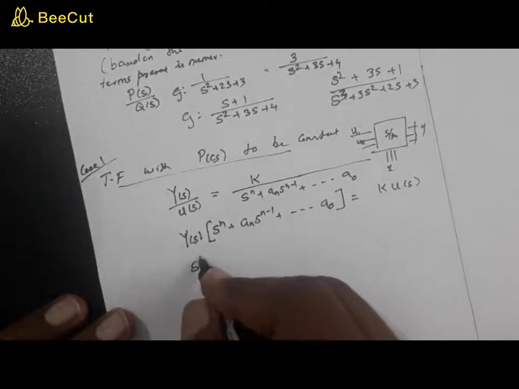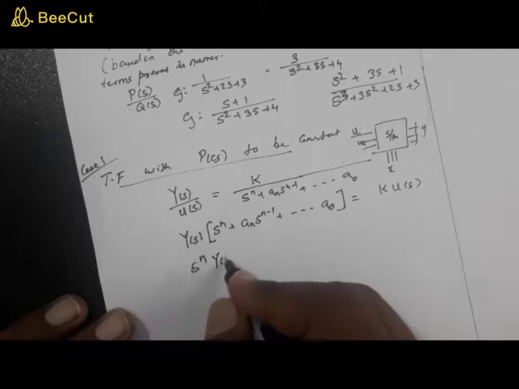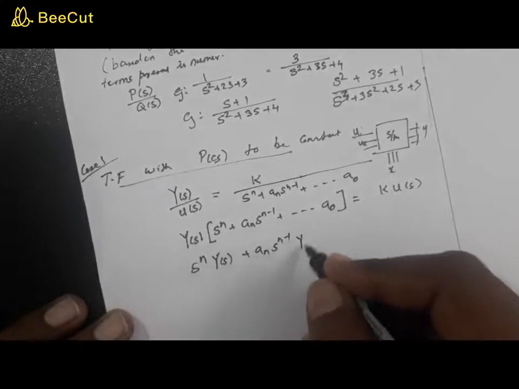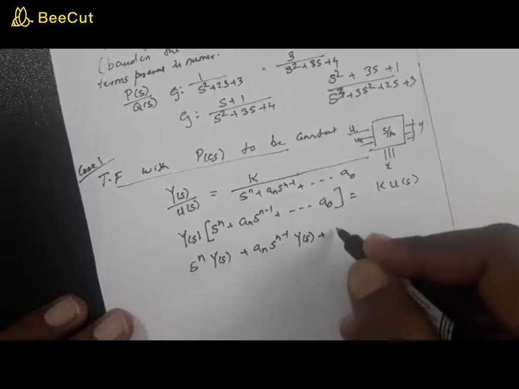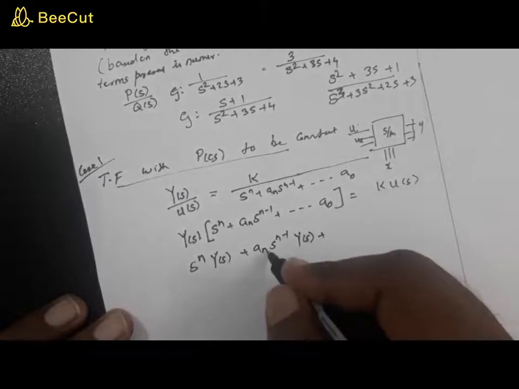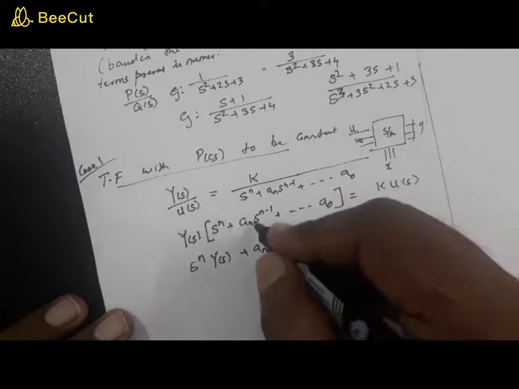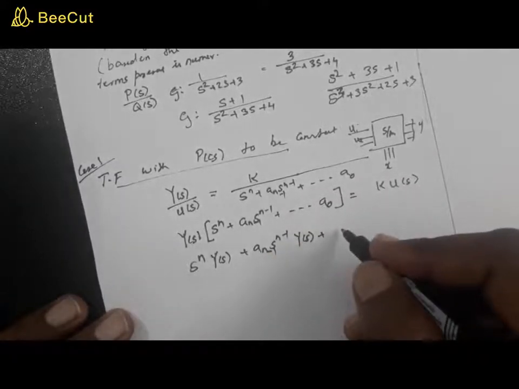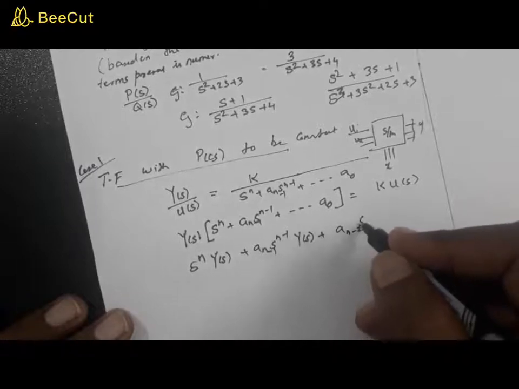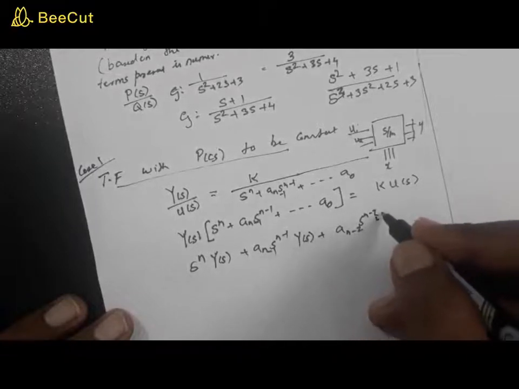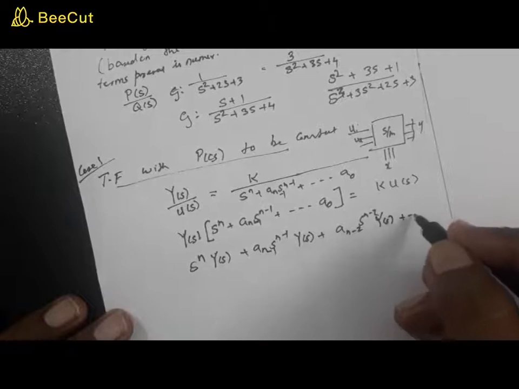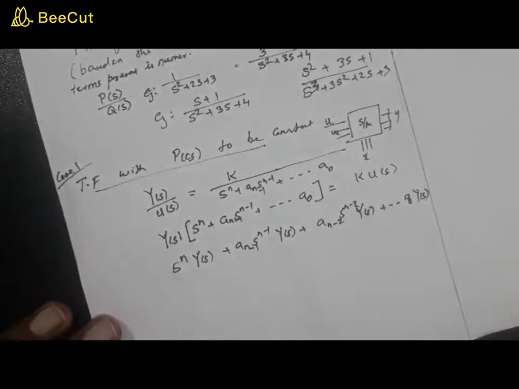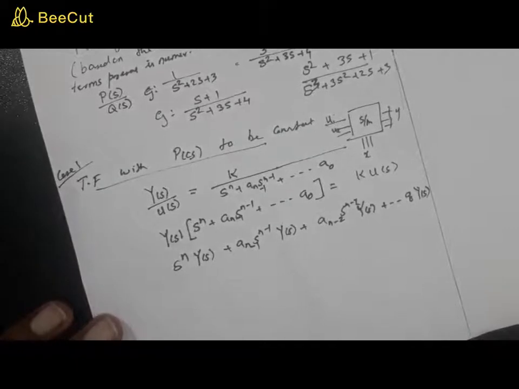It is of the form s raised to n into y of s plus an minus 1 into s raised to n minus 1 into y of s, plus an minus 2 into s raised to n minus 2 into y of s, and so on up to a0 into y of s.